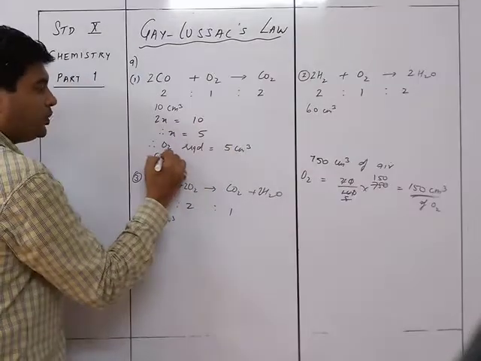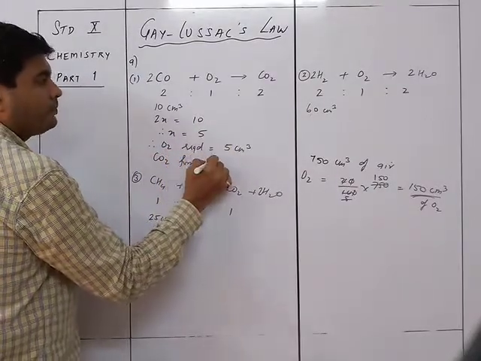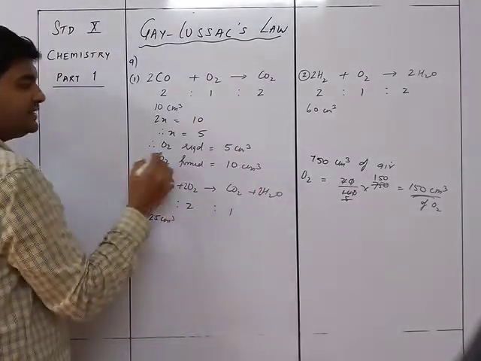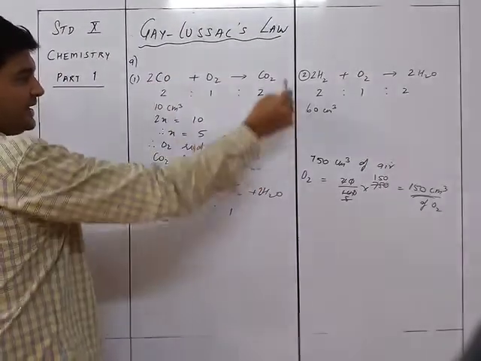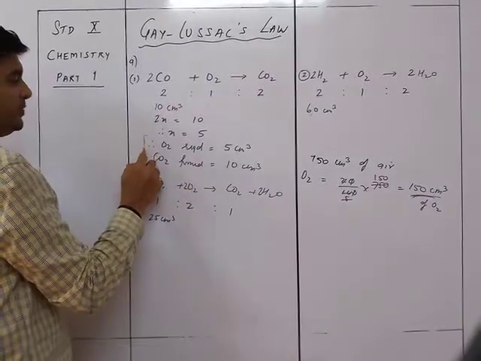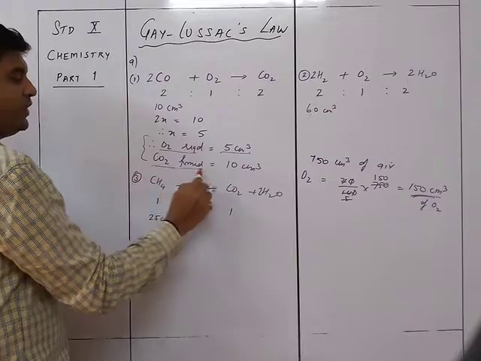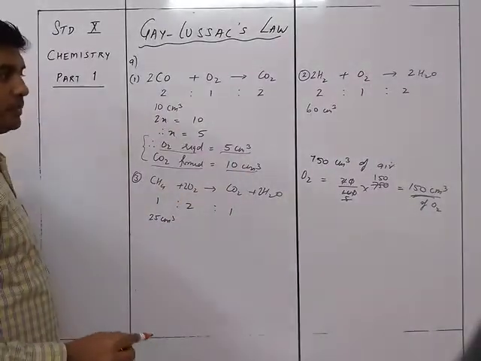And CO2 formed is equal to 10 centimeter cube. So this is the resultant of this reaction. The resultant of reaction will be O2 used up is 5 centimeter cube and CO2 formed is 10 centimeter cube.